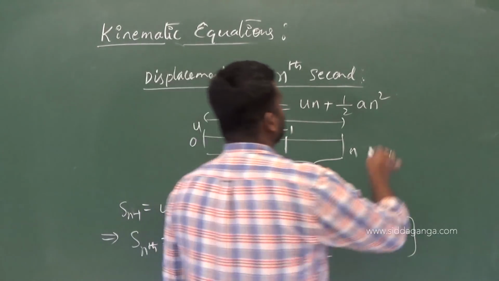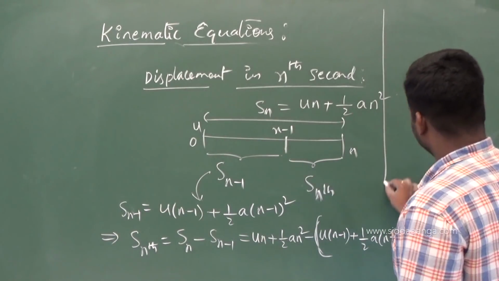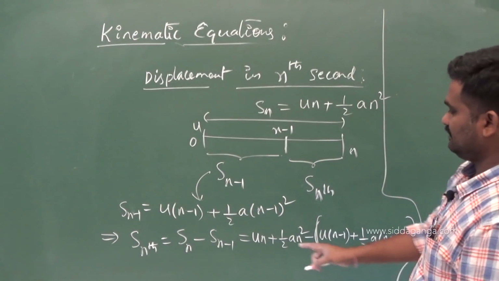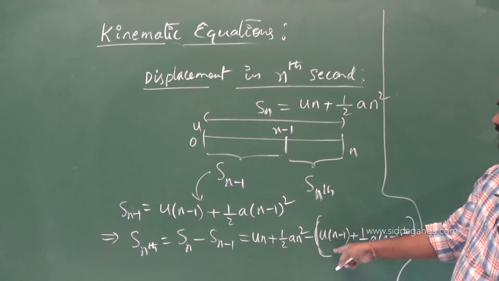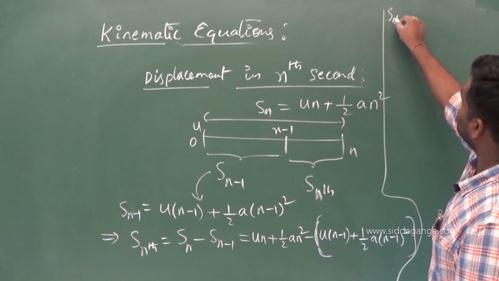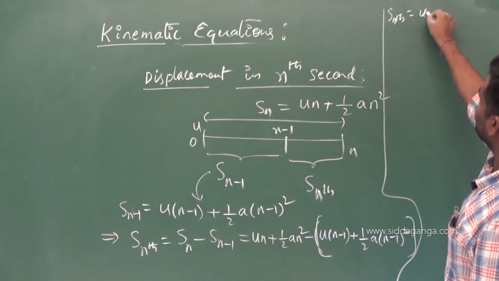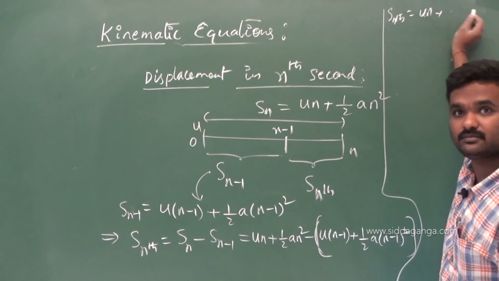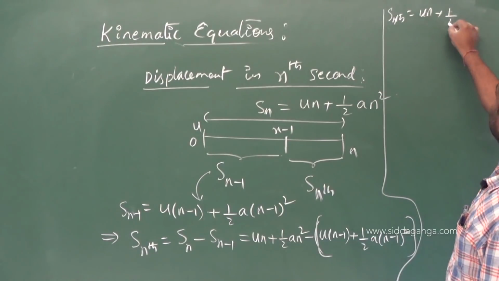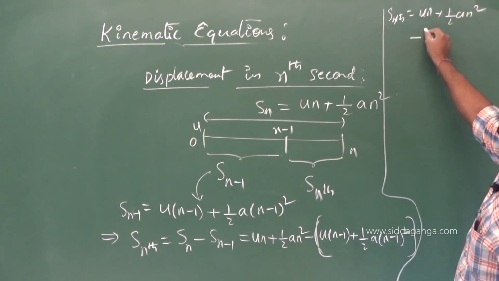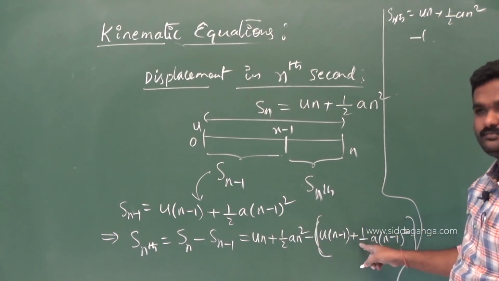Now further simplifications here. I'll write it elaborately once again. S nth equals un plus half an square minus half. I'll expand this particular term.